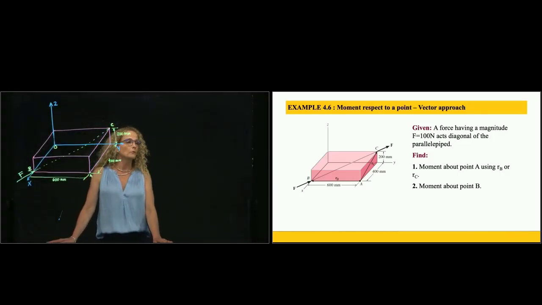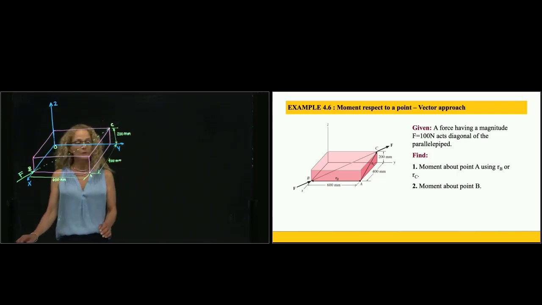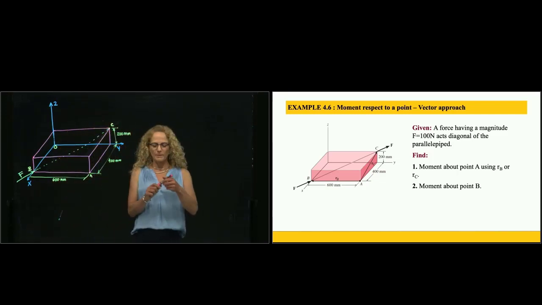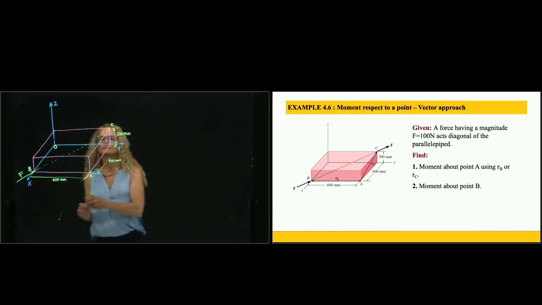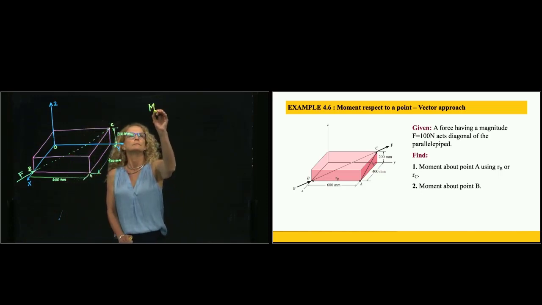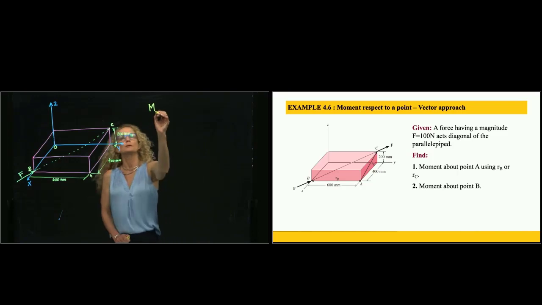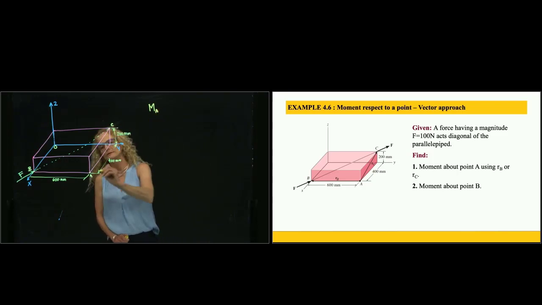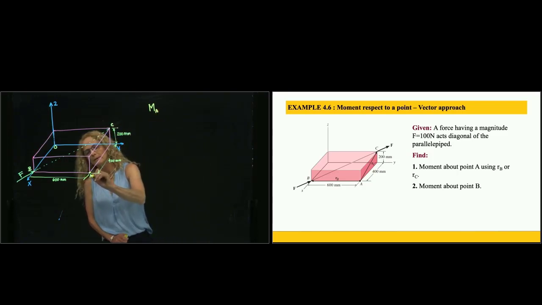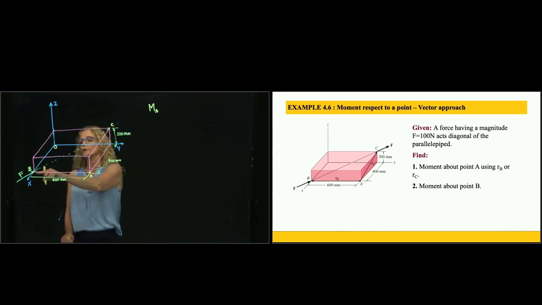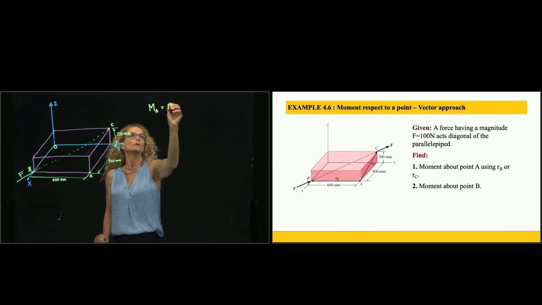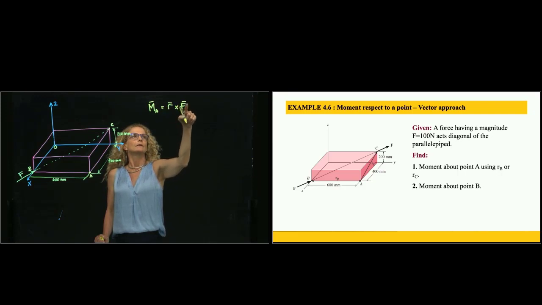This is problem 4.6, and we want to calculate the moment of that force with respect to point A, which is this point right here. The definition of moment as a vector is the distance times the force.